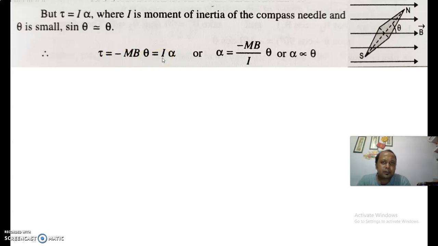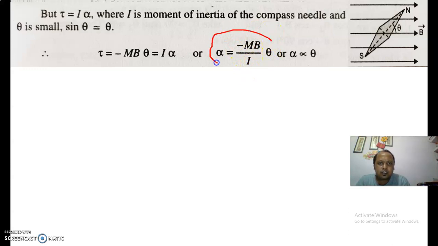I is the moment of inertia and alpha represents the angular acceleration. So from this we can write alpha is equal to minus mB upon I into theta.